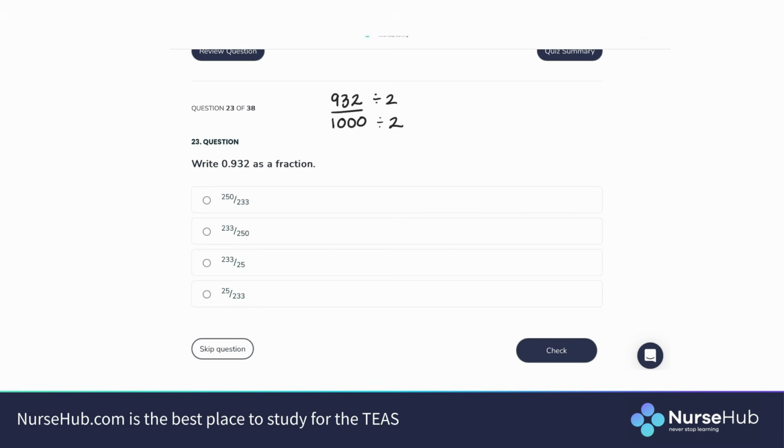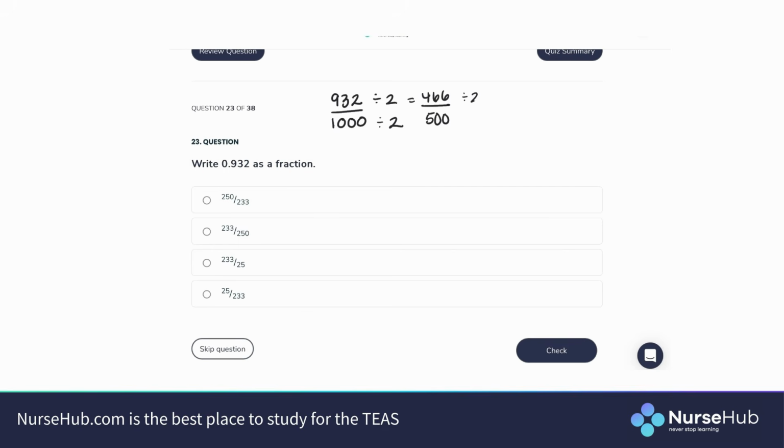How did I know that I had to simplify? I did not see 932 over 1,000 in any of those answer choices. And because they're both even, we know that we're going to have to divide here. You will not have 2 even numbers in any simplest form fraction. So 932 divided by 2, that gives us 466 over 500.